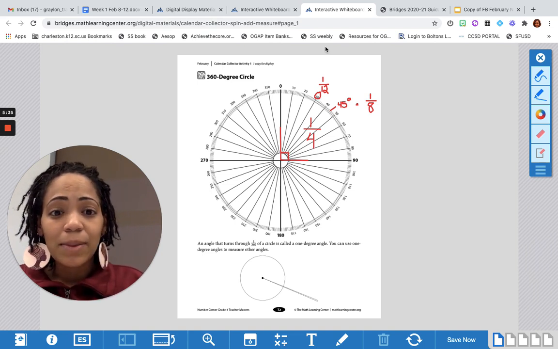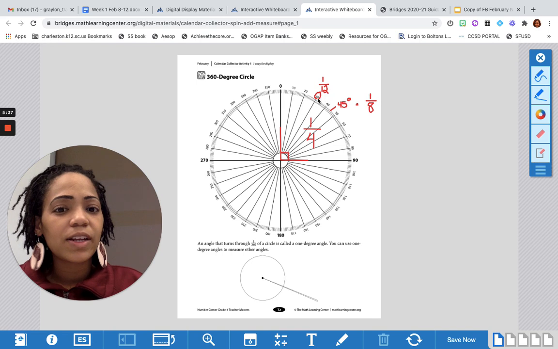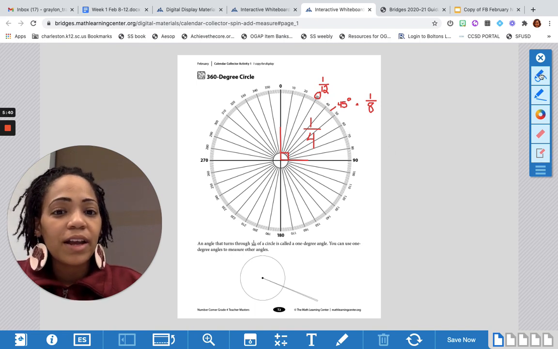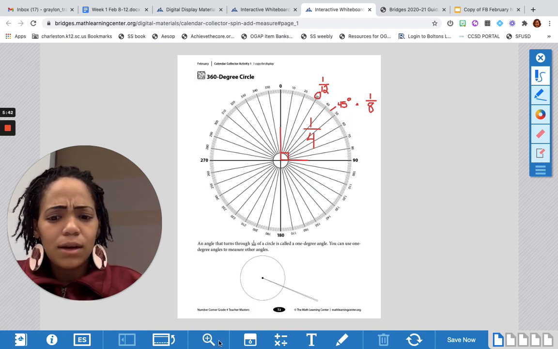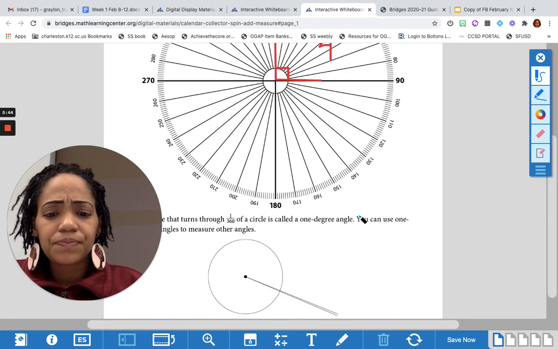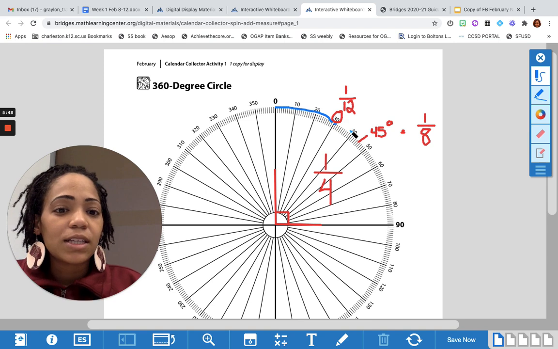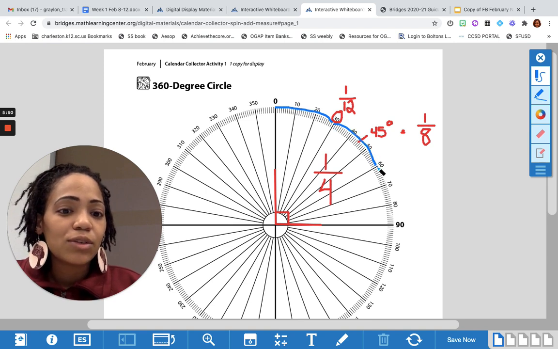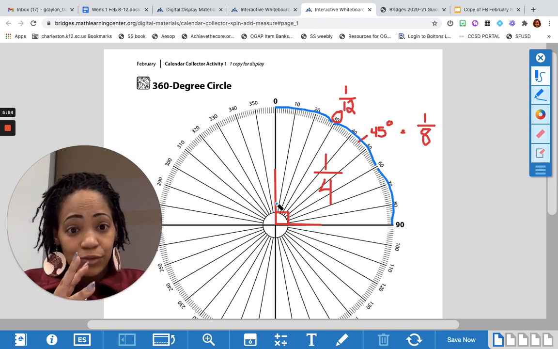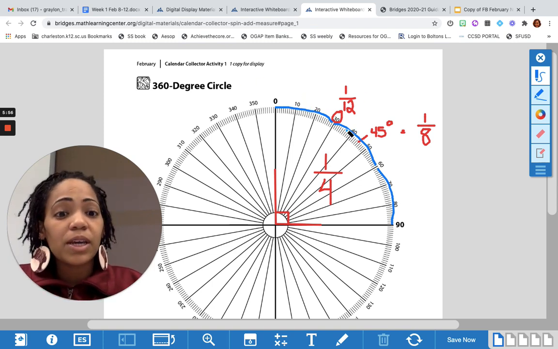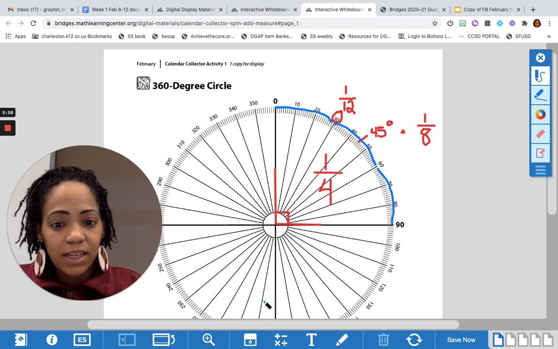So when we think about 30 degrees, how many 30-degree sections are there in a full rotation? Let's count them. So this would be 1, this will be 2, 30 to 60 is 2, 60 to 90 is 3. So there are 3 30s in each fourth. Okay, so that'll be 3, 6, 9.